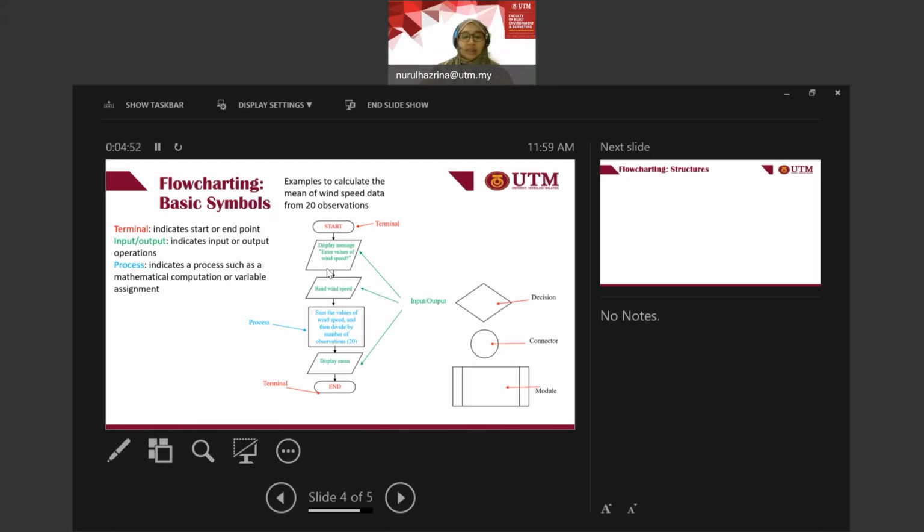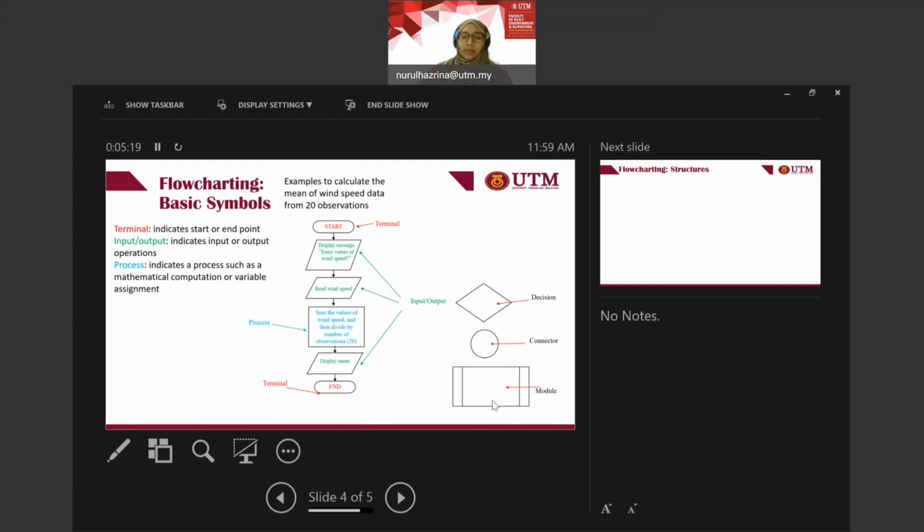It then reads the input of 20 observations of wind speed data. Now the program processes the input data for calculating the mean value based on the mathematical algorithm. The mean value is displayed and the program ends.